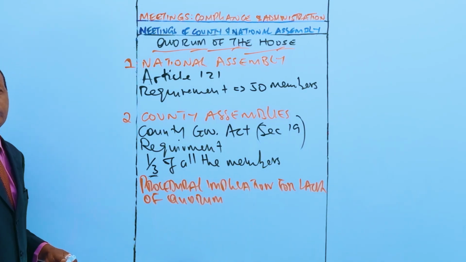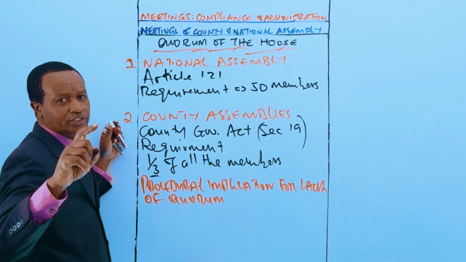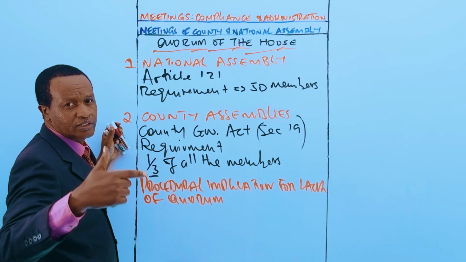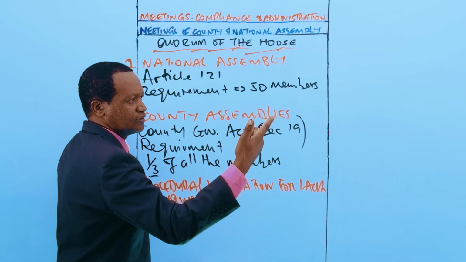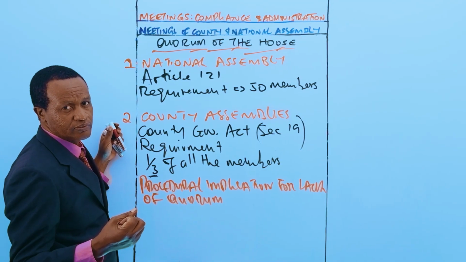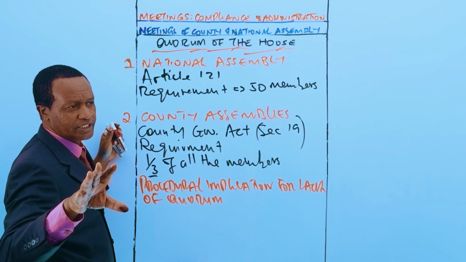Now, when a member notices that a quorum is not present during a sitting, they may raise a point of order to alert the speaker or the chairperson. And there is a procedure that then ensues.